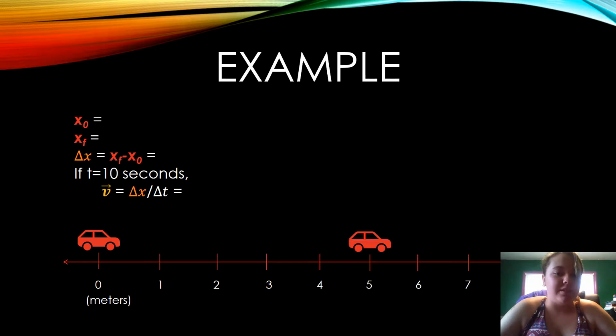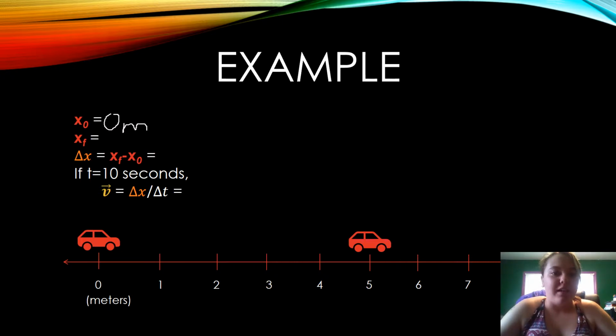So say we have this car, and this car is sitting here on the number line at 0 meters. And this car is going to drive forward to the right in this situation 5 meters. We can find from this information the object's initial and final positions and its displacement. So when the car starts, it's sitting at 0 meters. So our x sub naught is 0 meters. And sorry, this handwriting is messy. I'm writing with a mouse.